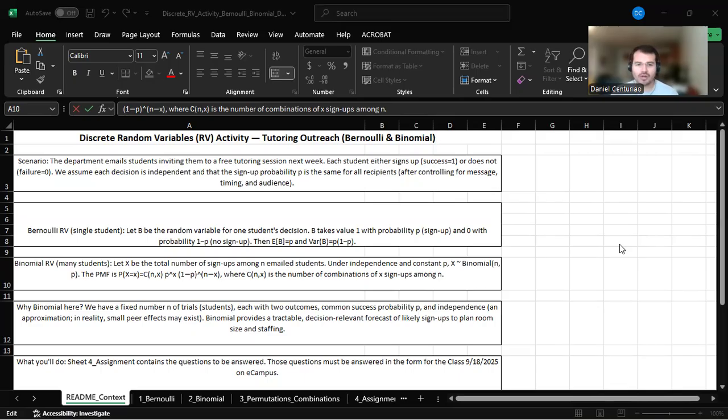In the middle of our analysis, I'm going to try to show you how permutations and combinations fit in this context. Okay, so let's dive right in.